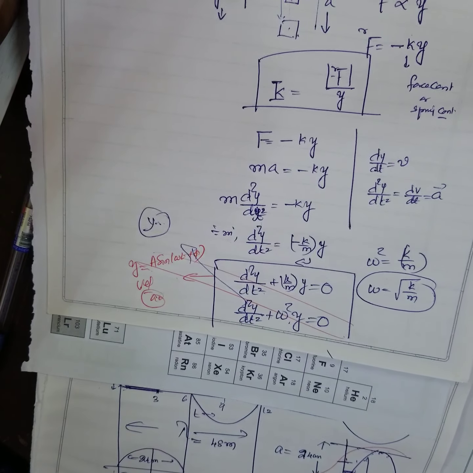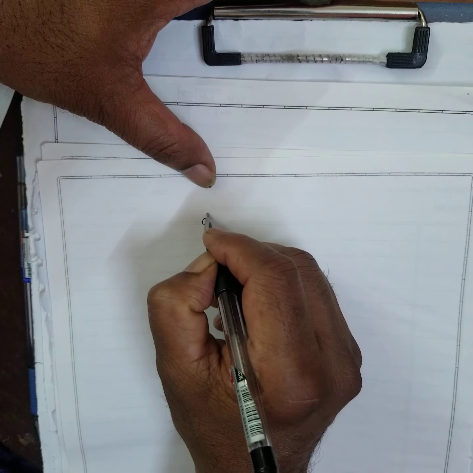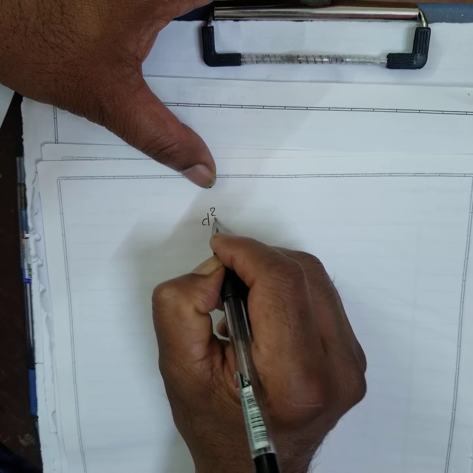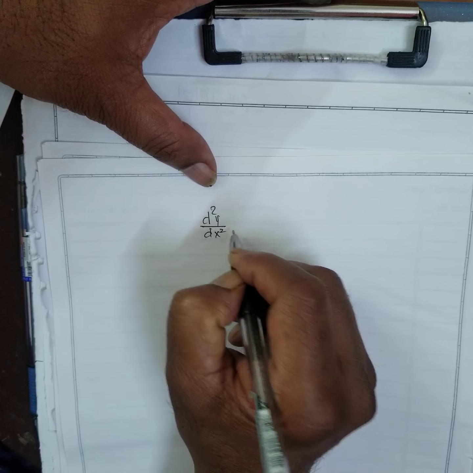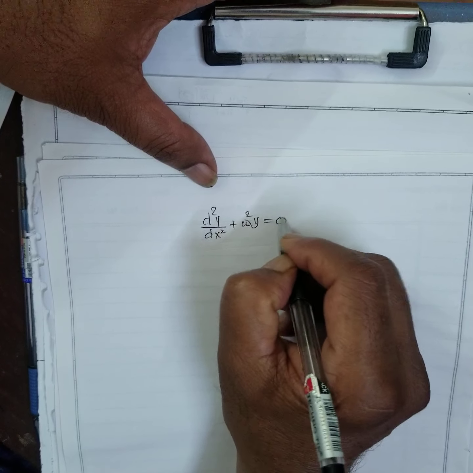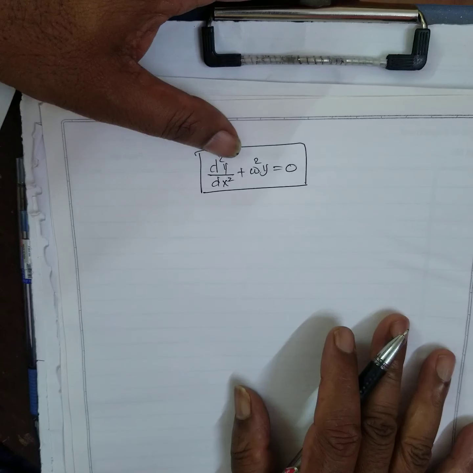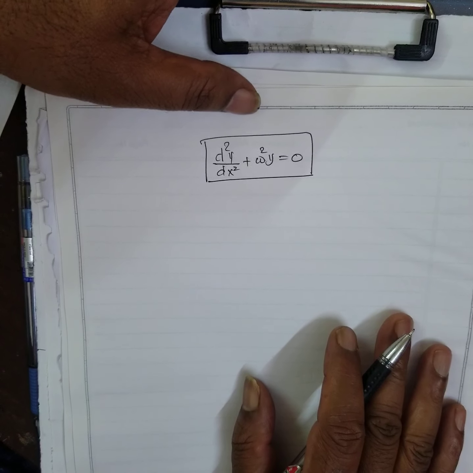Now, let me solve this. That is d square y by dt square plus omega square y is equal to 0. This is a differential equation, right?